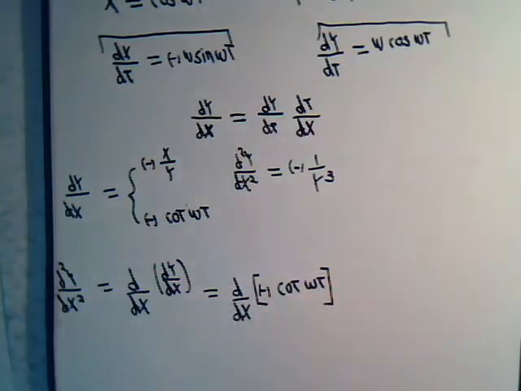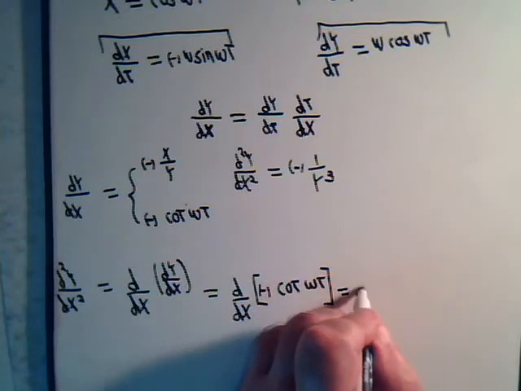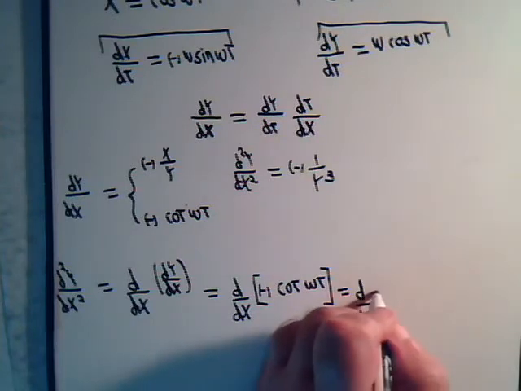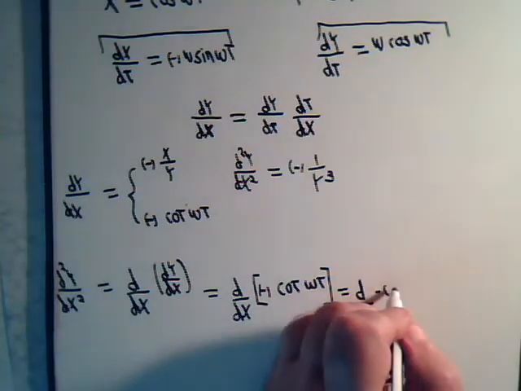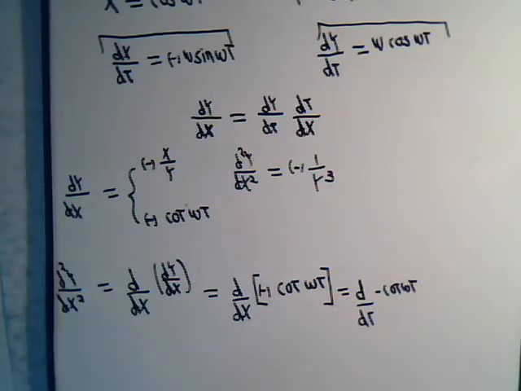And here's where we use the chain rule. This right here is a function of t. We want to take the derivative of this whole function here with respect to x. So that would be equal to the derivative of that function with respect to t times dt dx.